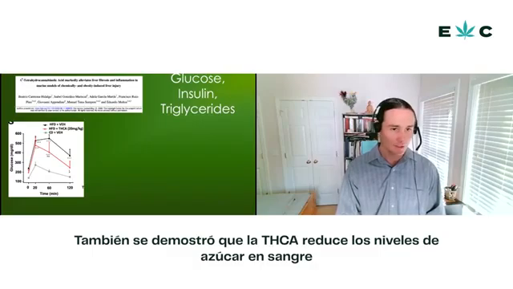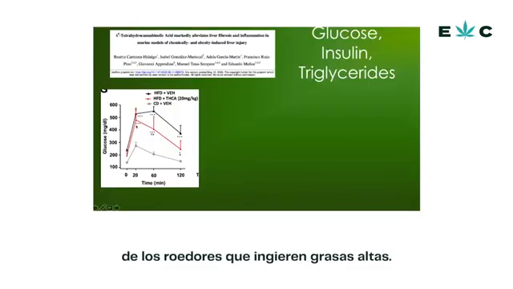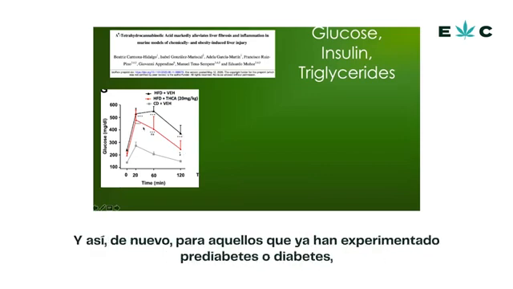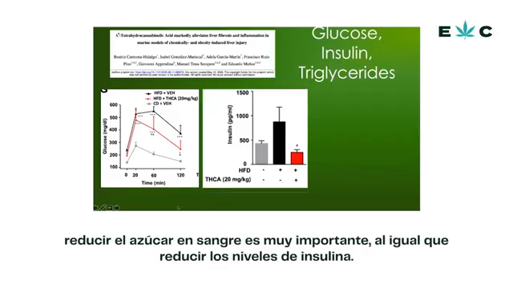Also, THCA was shown to reduce the blood sugar levels of the rodents that ate the high-fat diet. This red line is the THCA compared to the high-fat diet without THCA. And so again, for those experiencing pre-diabetes or diabetes, reducing blood sugar is very important, as is reducing insulin levels.